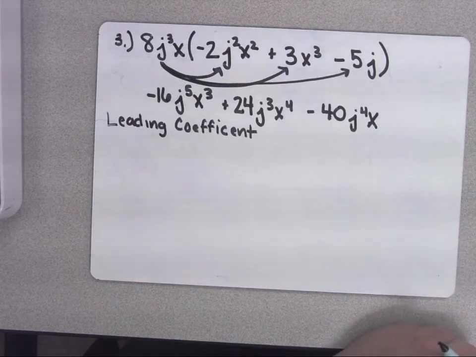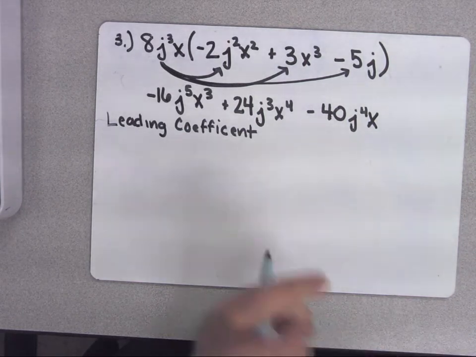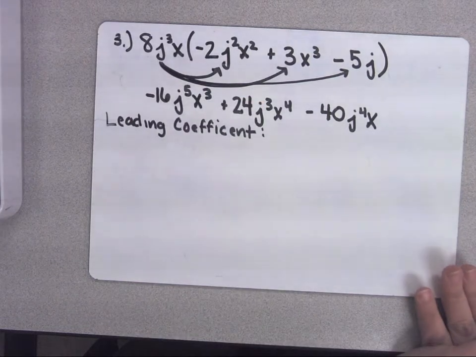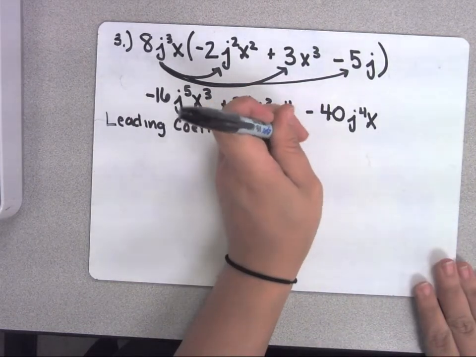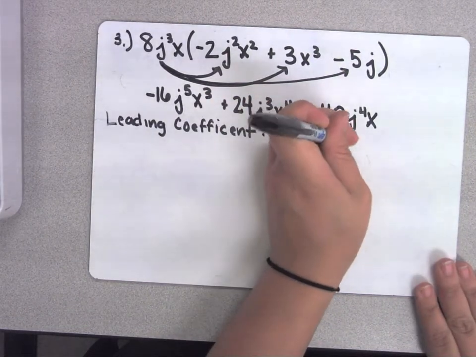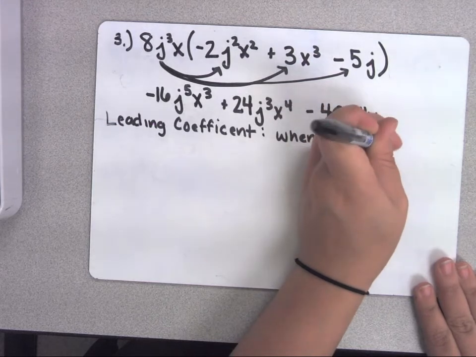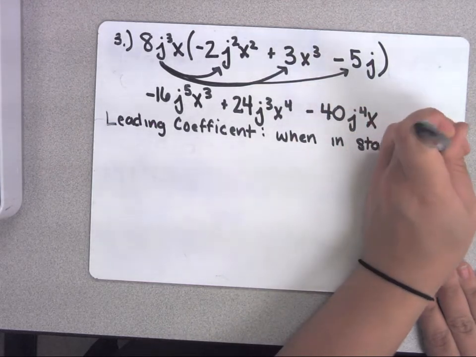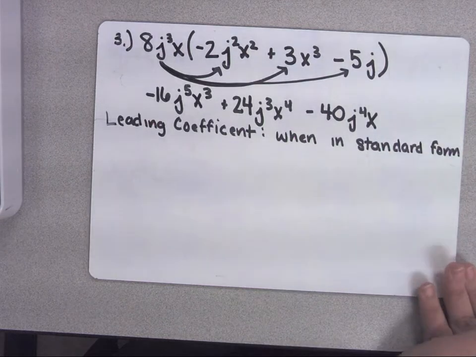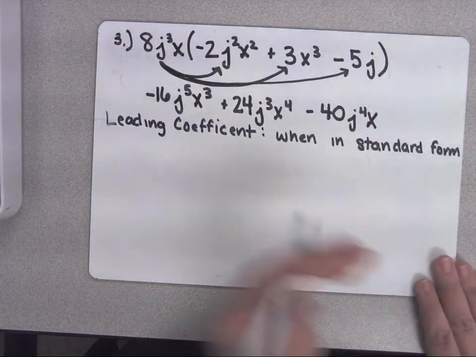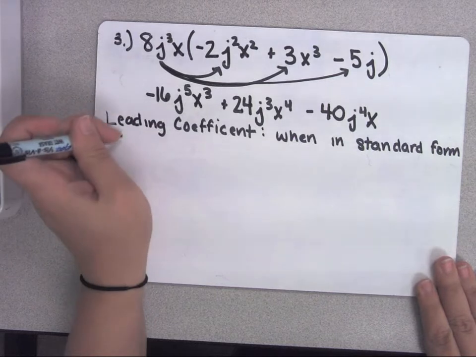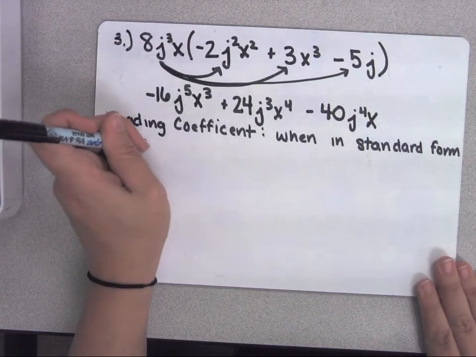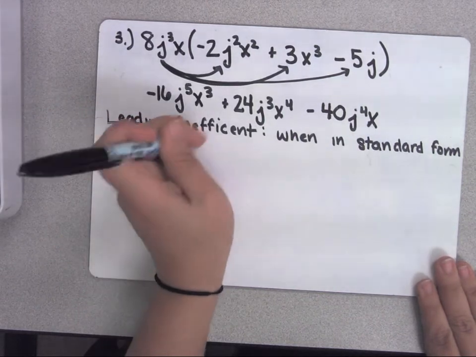A leading coefficient is, when in standard form, so once you're sure it's in standard form, the number in front.